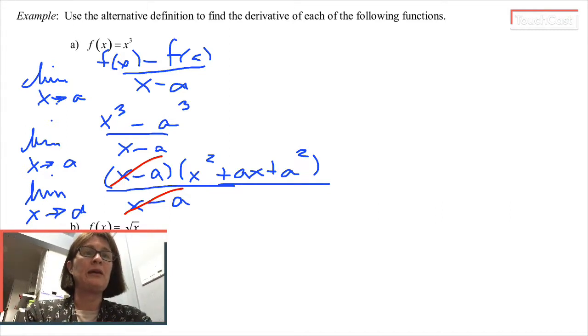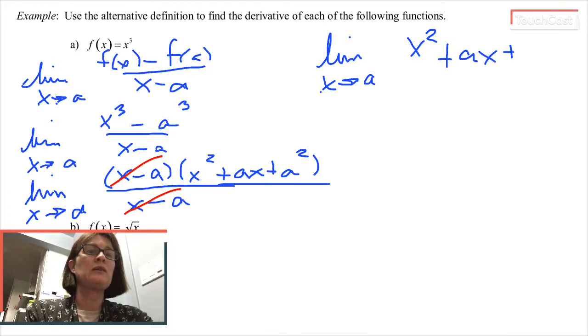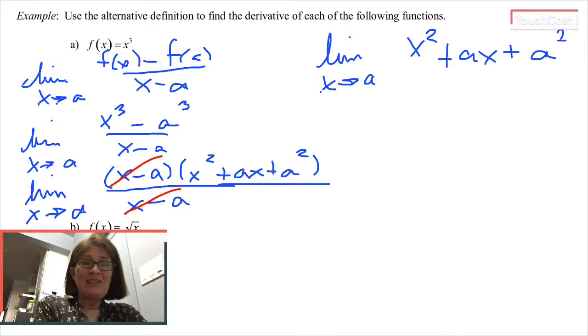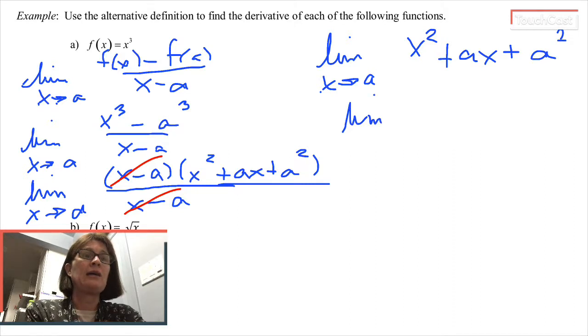So I'm going to take the limit now as x goes to a of x squared plus ax plus a squared. Now I don't have any division possibility anymore. I'm going to replace x with a. It's not even a limit anymore, I'm just going to replace it.